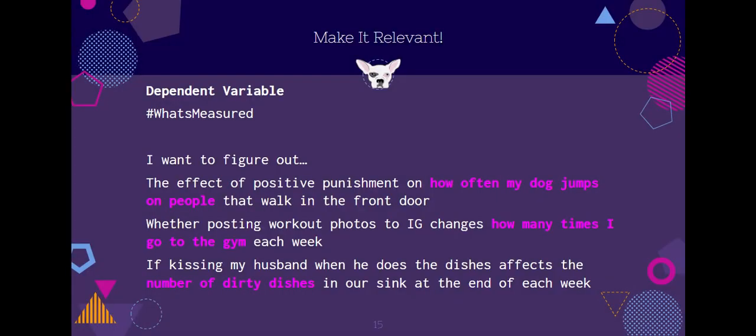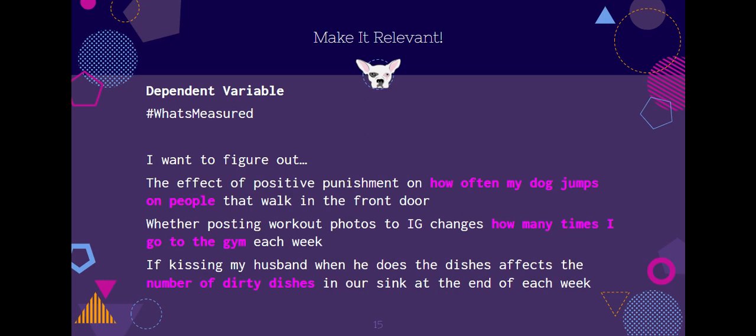Our concept in this question was the DV, the dependent variable, or what's measured. So here are some examples of DVs in my life. If I wanted to figure out the effect of positive punishment on how often my dog jumps on people that walk in the front door, the DV would be what's measured, how often my dog jumps.